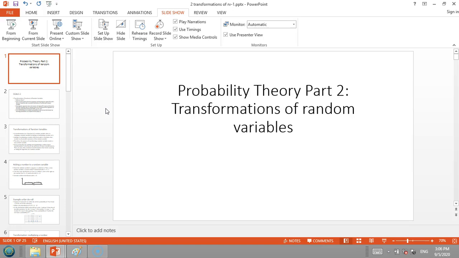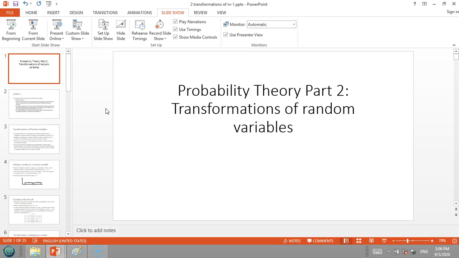Okay. So today we'll start on part 2 of this probability theory that we started the last time. The last time we talked about random variables, discrete and continuous random variables, if you remember, how to get probabilities of those, and expected value and variance of random variables.